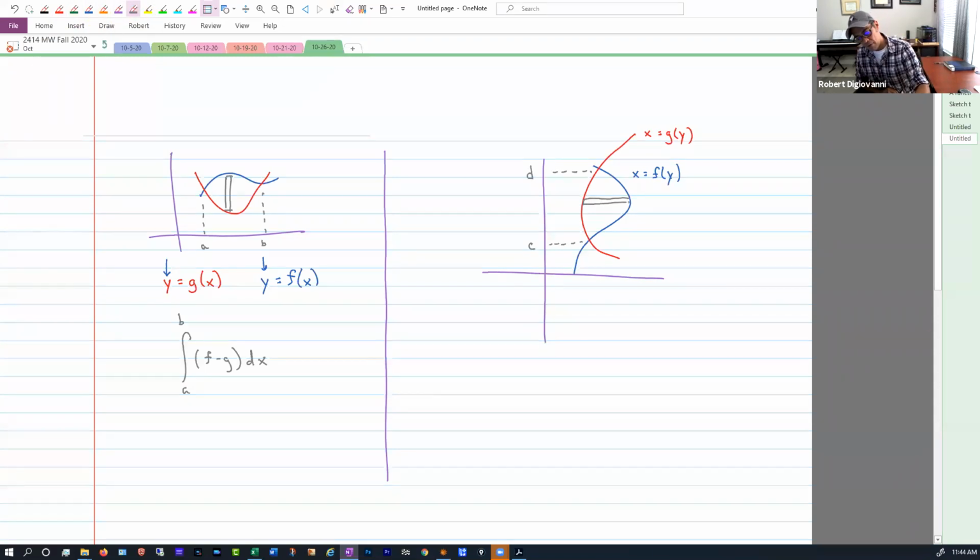We have horizontal rectangles, and then the area would be the integral from c to d of the right one, which in this case would be f, minus g, the left one, dy. Top minus bottom, right minus left.